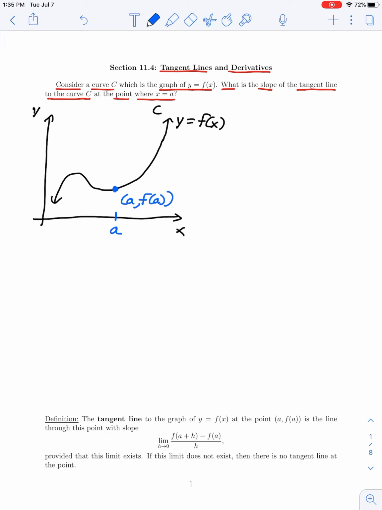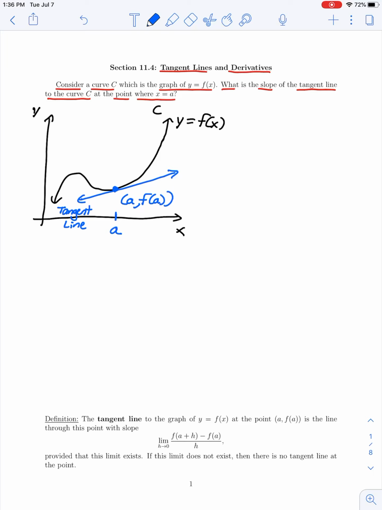Now, we had discussed sort of informally in the last section the idea of a tangent line to this curve as being the line passing through that point, which is increasing at sort of the same rate at which our function f is increasing at that point. So this is what we are calling a tangent line.